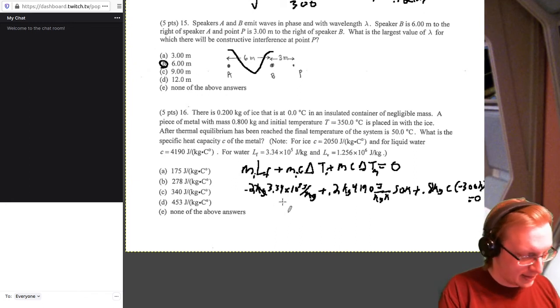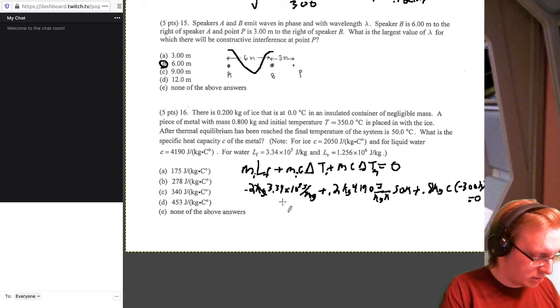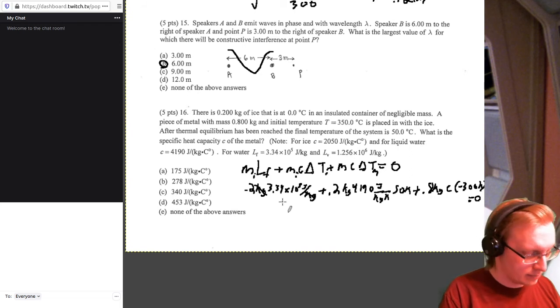On the left-hand side, we end up with 0.2 times 3.34 E5. There we go. Plus 0.2 times 4190 times 50.